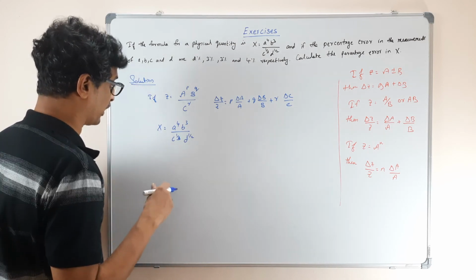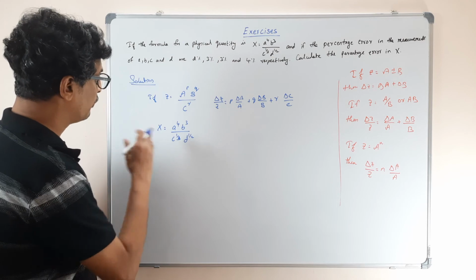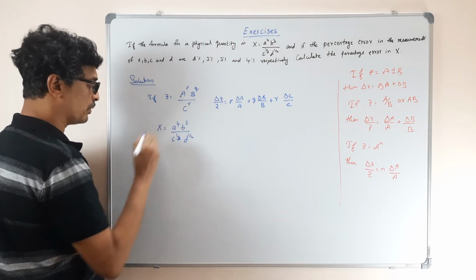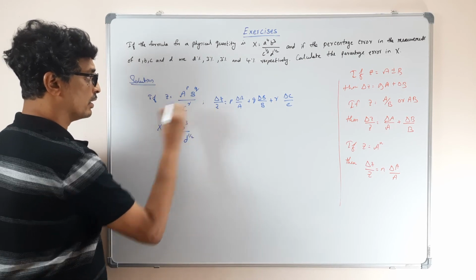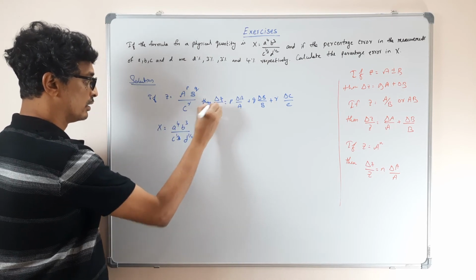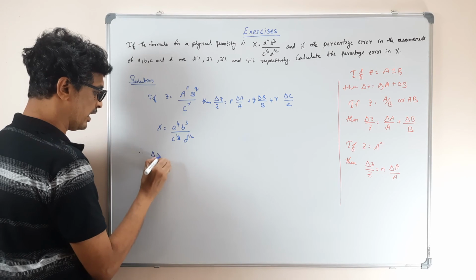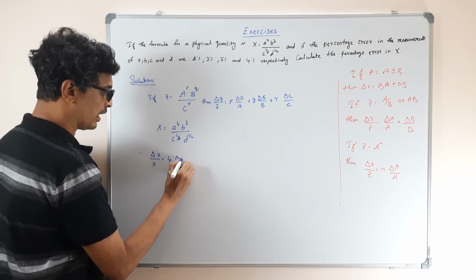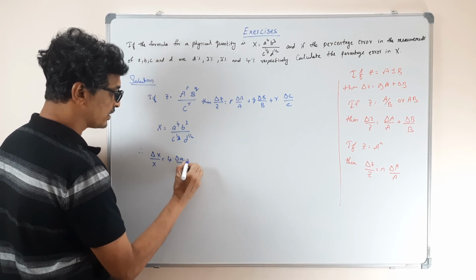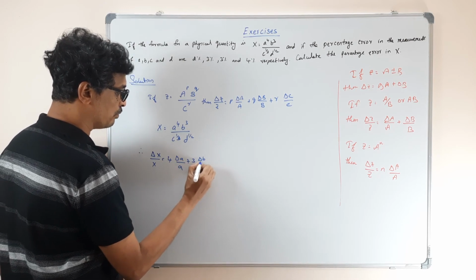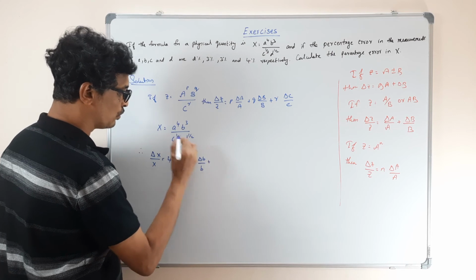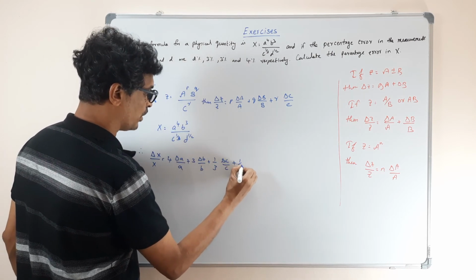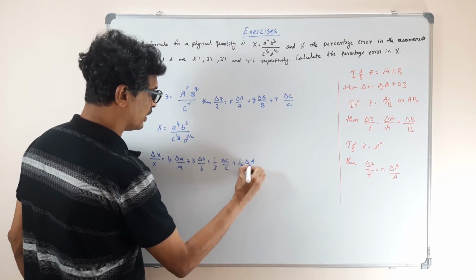You take the maximum magnitude. Okay, fine. So using the same formula, delta x by x will be equal to 4 times delta a by a plus 3 times delta b by b plus 1 by 3 times delta c by c plus 1 by 2 times delta d by d.